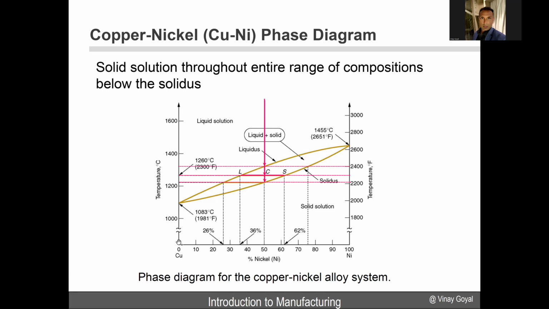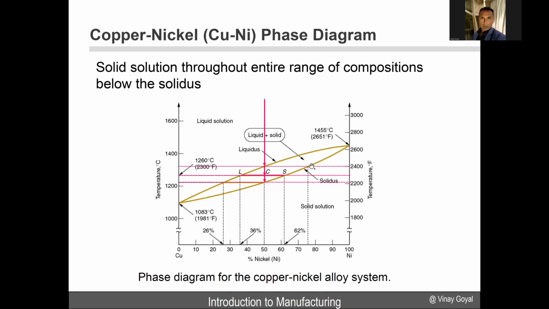On the left side, the y-axis, you have the temperature in centigrade, and that's translated also into temperature in Fahrenheit on the right side. So when I look at this diagram, you can determine what composition levels and temperatures can result in what phase you may have.